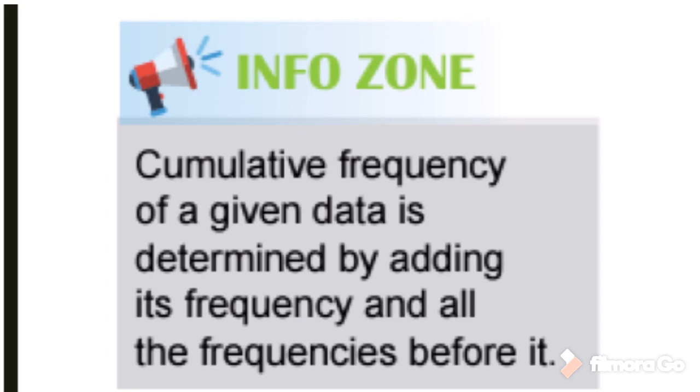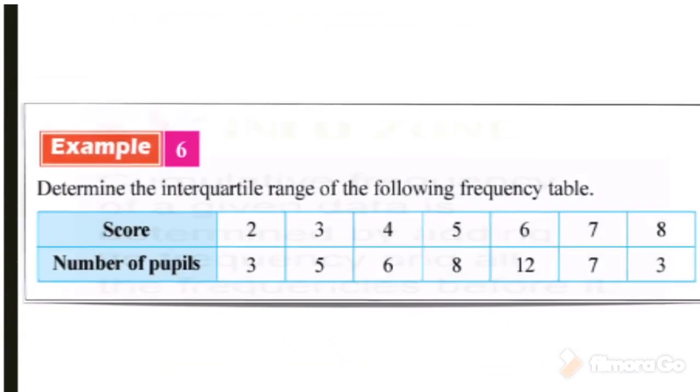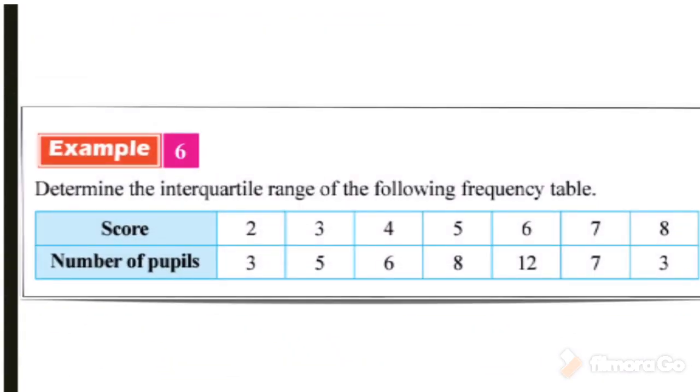So what is cumulative frequency? Cumulative frequency of a given data is determined by adding its frequency and all the frequencies before it. Let's look at example 6. You are asked to determine the interquartile range of the following frequency table.